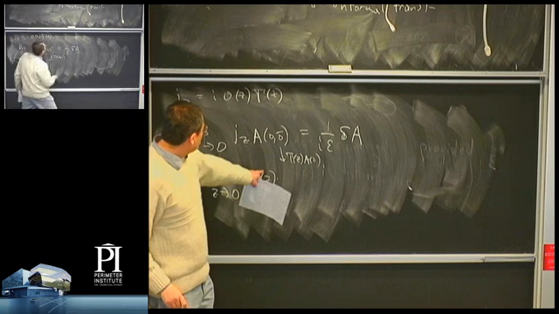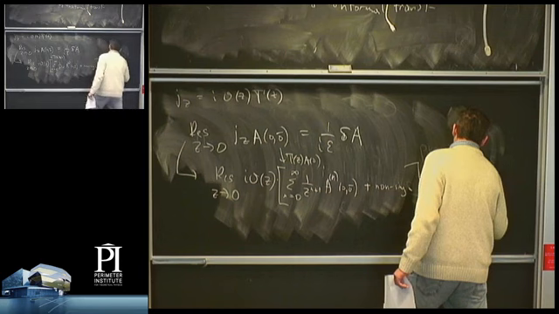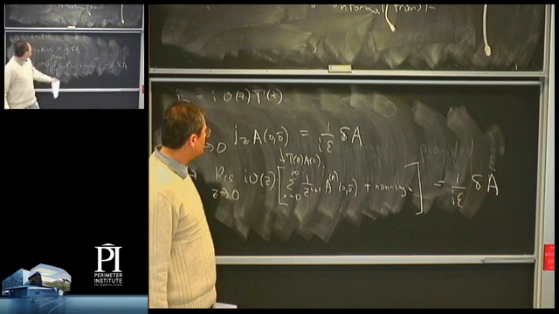So the OPE will be the sum n equals 0 to infinity, 1 over z to the n plus 1, and then I have A n of 0, 0 bar, plus non-singular piece. And so it's equal to 1 over i epsilon delta A. So you can see that we used OPEs and Ward identities to relate this residue to the variation of our operator under conformal transformations.